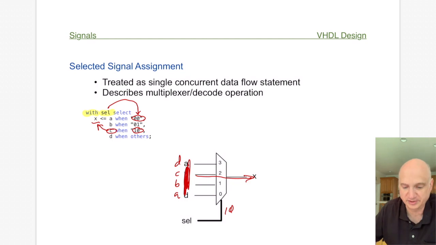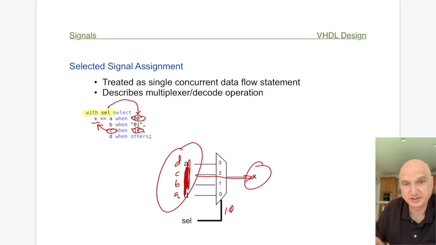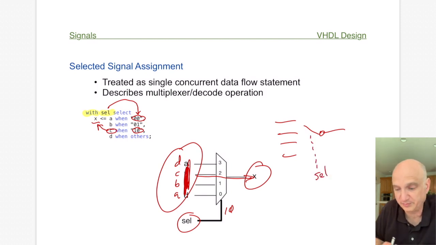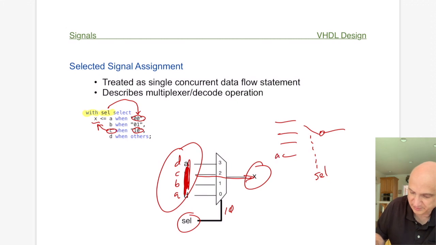It's a simple multiplexer where the select line is being used to make a decision about which signal to pass to X. There are inputs on the signals here, and then there's the output X, and the select line is used to pick which one. So it's sort of a switch, if you will. You're coming in with 4 lines, you're leaving with 1, and the select line controls which one you flip between. This would be A and B and C and D, and that chooses which one you use as your reference.